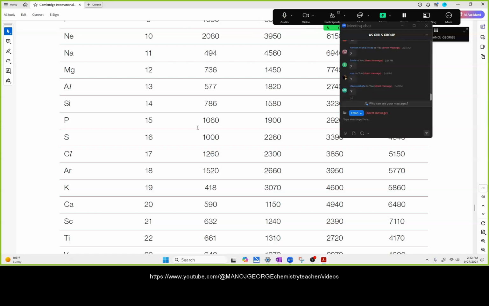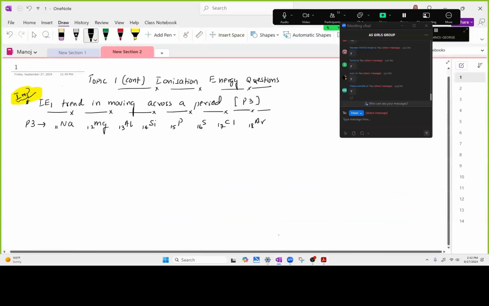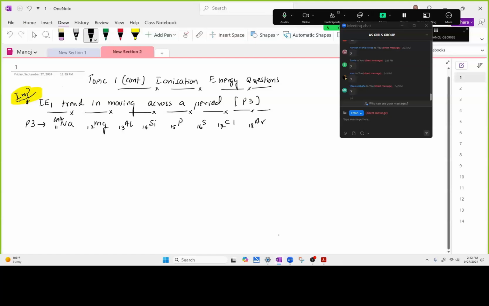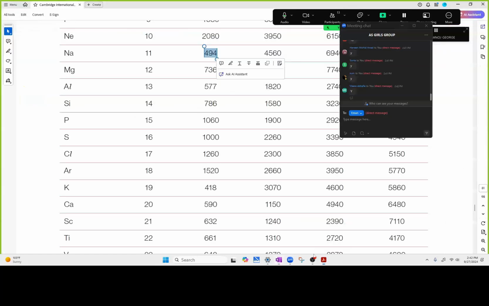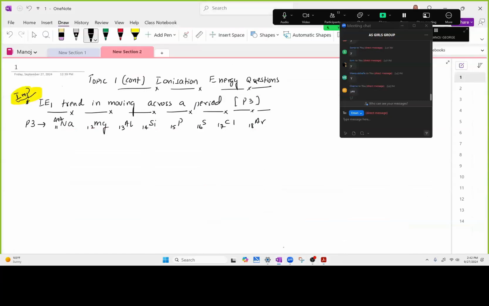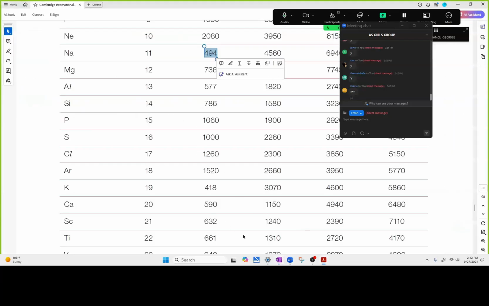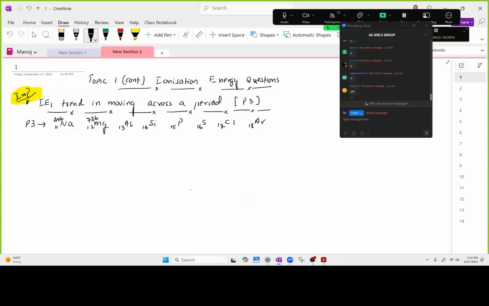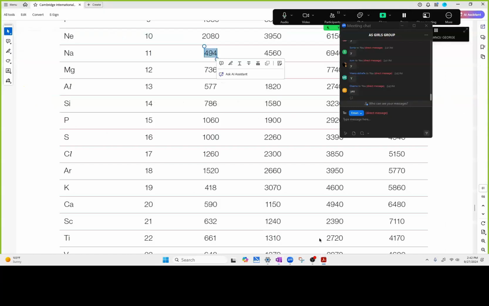Now I want you to look at sodium's first ionization energy, 494. I'm just writing the numbers here for your reference. Magnesium is 736. Aluminium is 577. Silicon is 786.